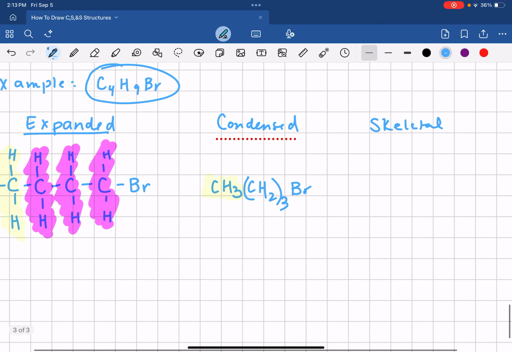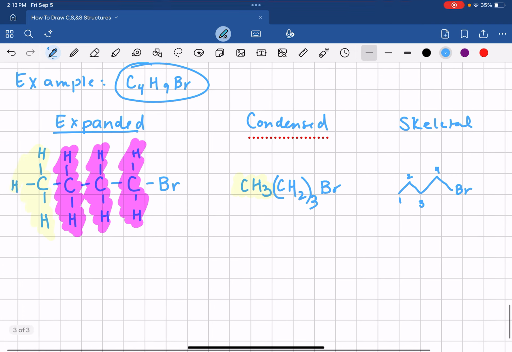Let's draw its skeletal structure. Remember, each pointy end counts as 1 carbon. So 1 carbon, 2 carbon, 3 carbon, 4 carbon, and remember, Brs have to be written. Everything besides hydrogen has to be notated. And then at the end is my bromine.